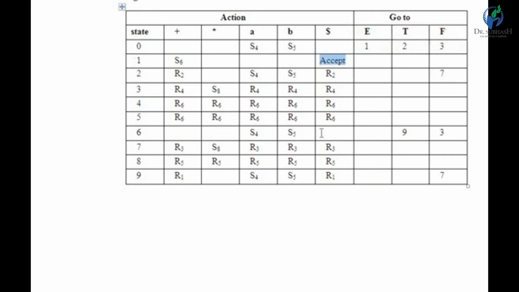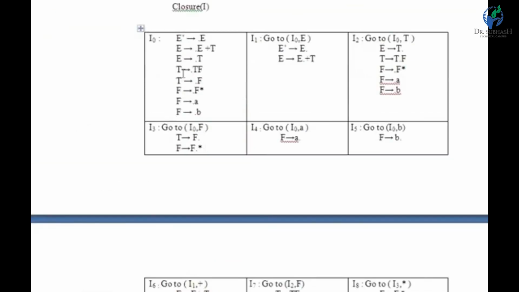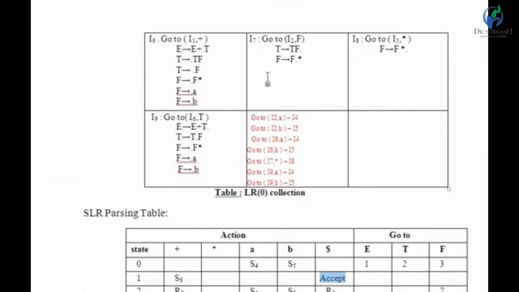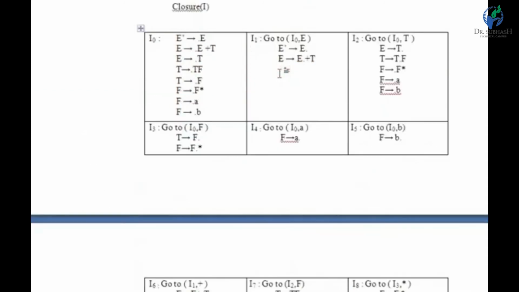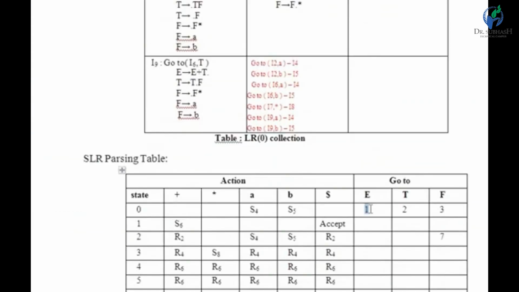Now for the next entry, you have to check I0 to E. The state is I1, so write 1 in the go to state.